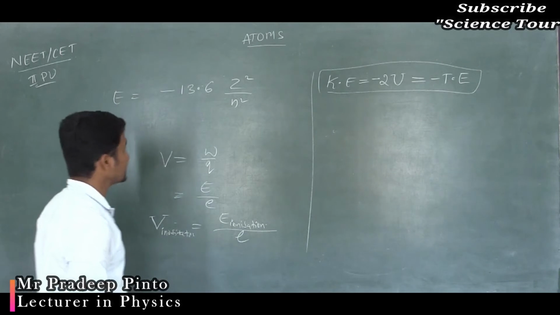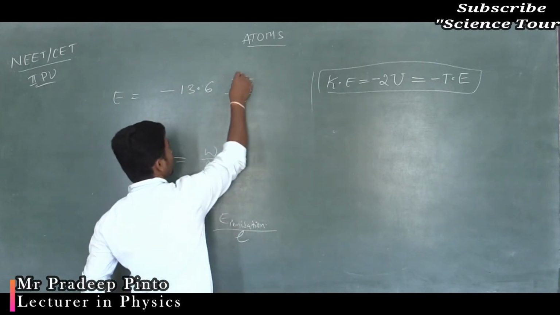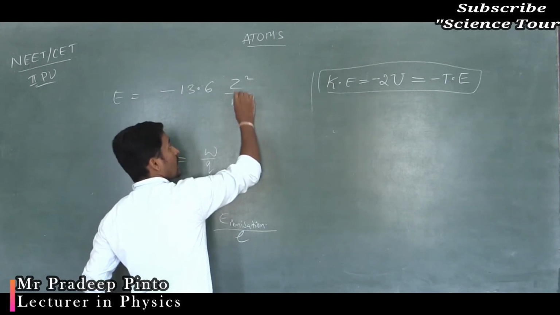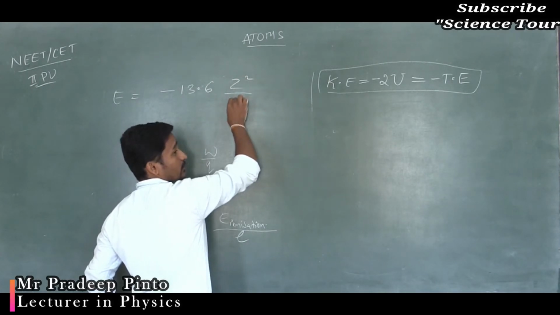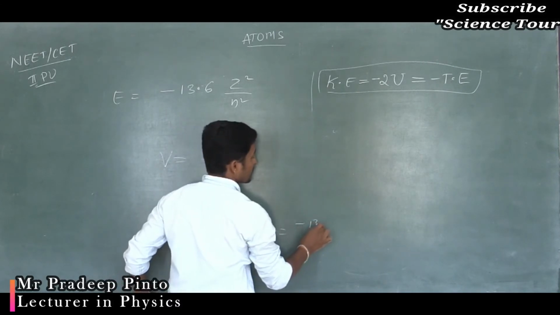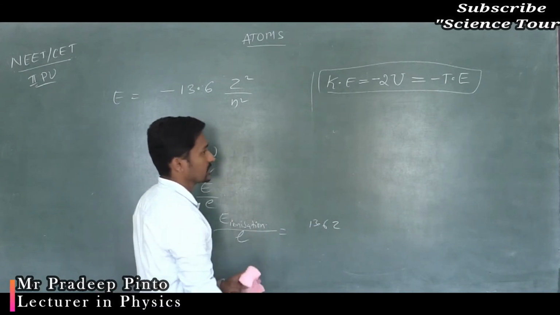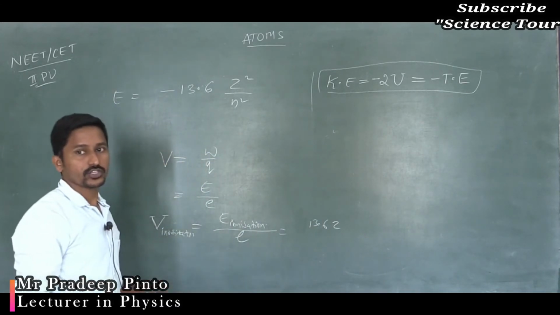Now see, how much is the ionization energy? For the first orbit I put n equal to 1, and for the second orbit n equal to 2, because Z is 1 itself. So the energy is minus 13.6, and for ionization I put plus. It is just a positive energy I have to give so that the total energy becomes 0.